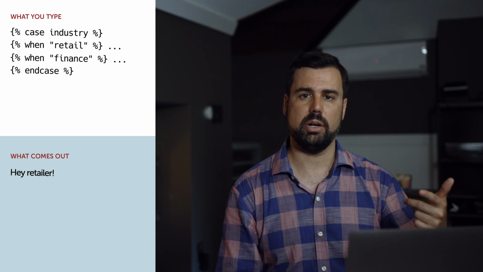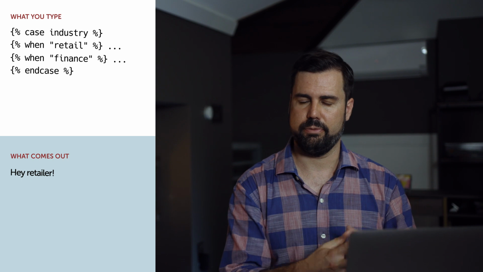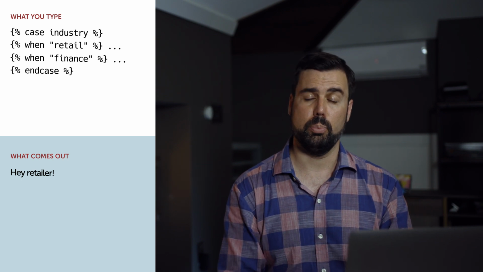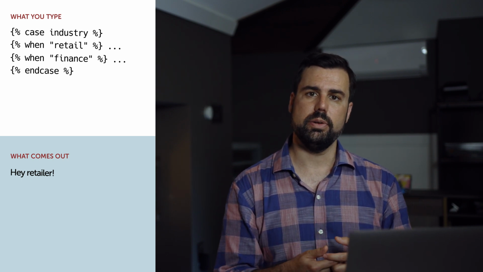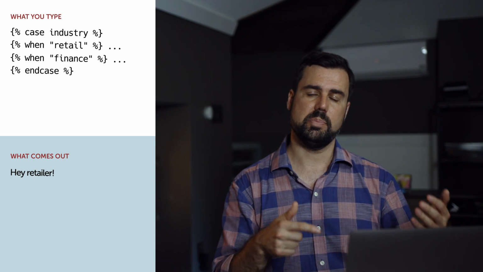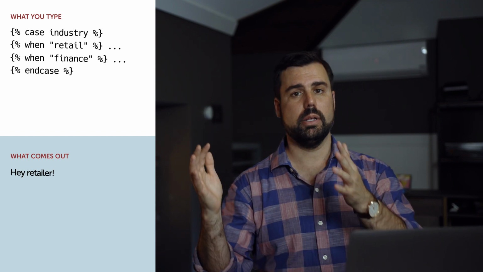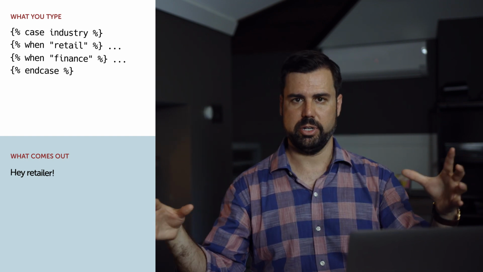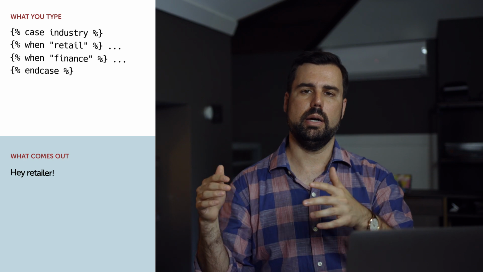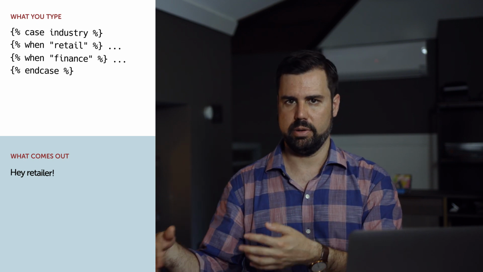So you have retail, finance, nonprofit, government, let's say those are the 4 different things that we can put somebody in. We can use a case statement to say case subscriber.industry, and then when retail, give the story about retail people. When finance, give the story about finance people. When nonprofit, give the nonprofit story.